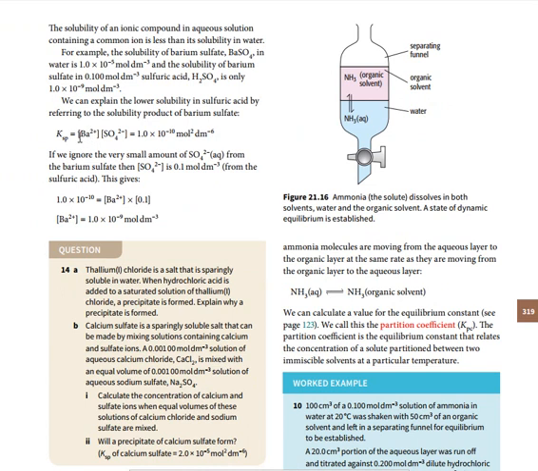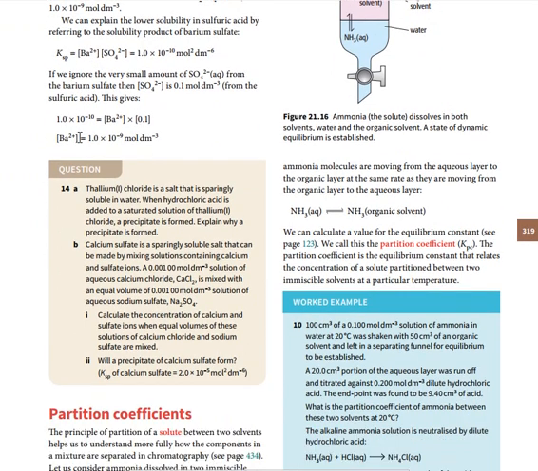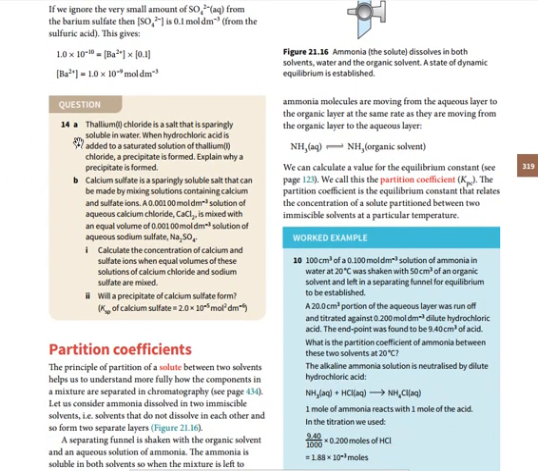So that's the case. We have visualized everything involved with solubility product. Now let's go to partition coefficient. Let's say that a solid is capable of being dissolved in two different solvents.